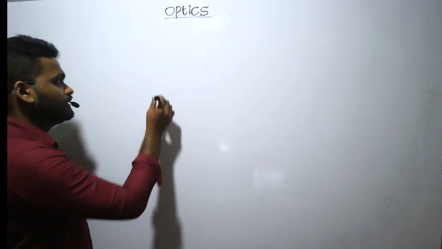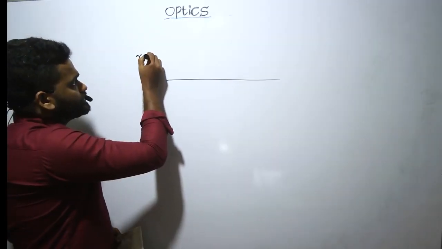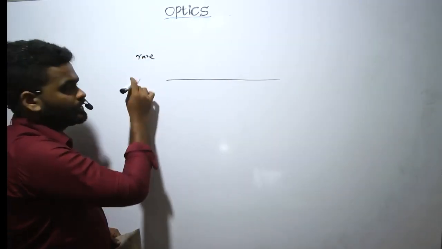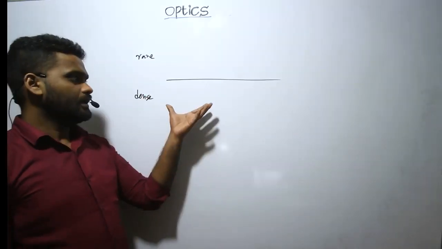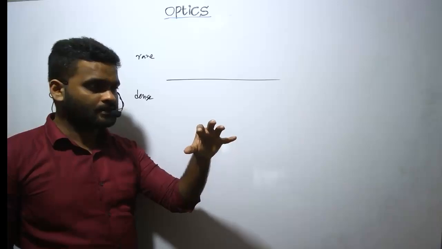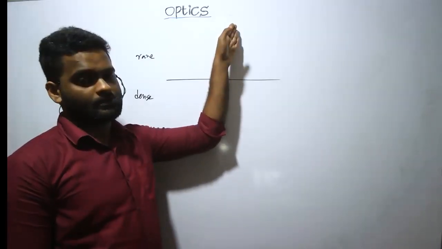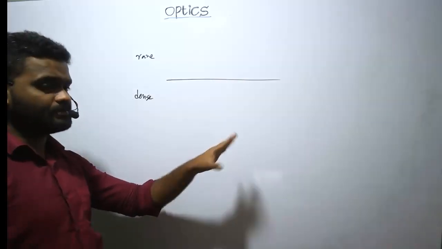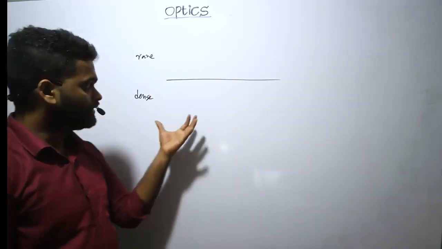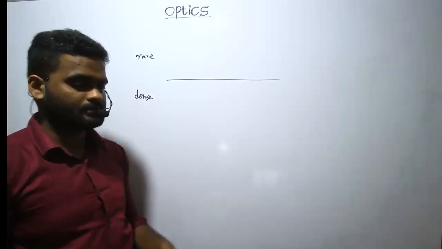So for this one, this is rare, and you have dense. In order for this to happen, the ray always goes from dense medium to rare medium. Otherwise, this doesn't happen. From a rare medium to a denser medium, there's no total reflection. Always the ray should go from dense to rare in order for this to happen.